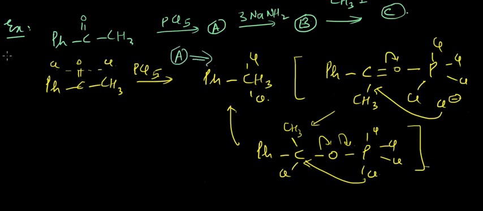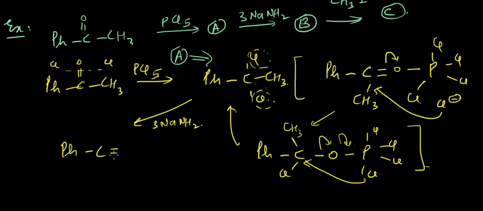Now what happens next is this is reacted with 3 moles of NaNH2. Oh, I'm sorry, I just forgot, this is not CH3, this is attached with CH3 here. So now these two Cls will be removed by 2 Na.